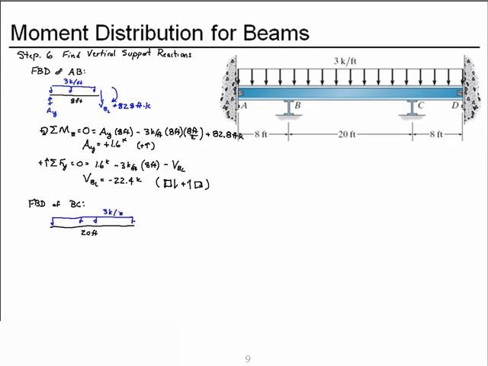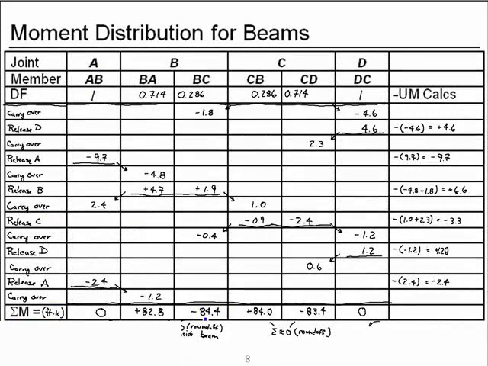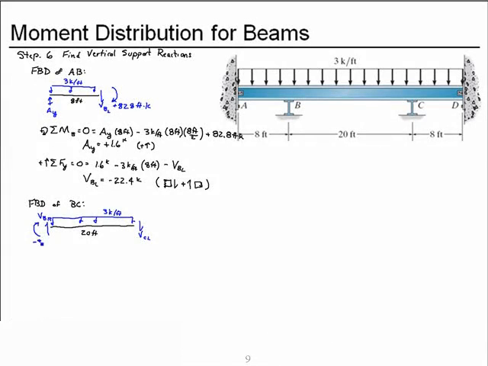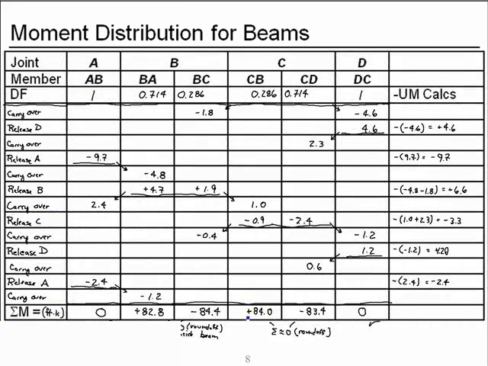It has a uniform distributed load of 3 kips per foot, a shear at the C end, and an unknown shear at the B end, which is to the right side of B. I have my moment MBC, which we found to be negative 84.4 foot-kips, and our moment at the C end, MCB, which we found to be a positive 84.